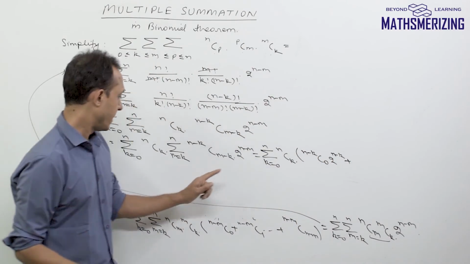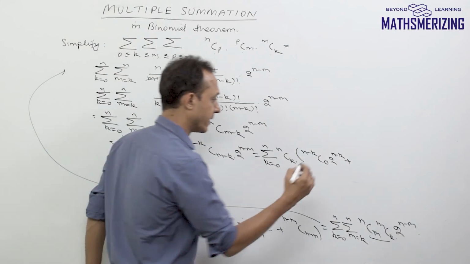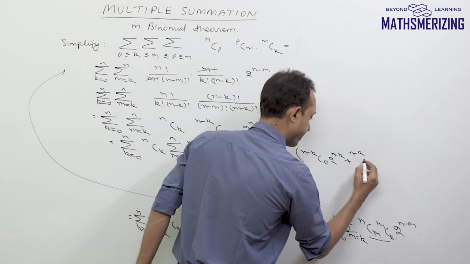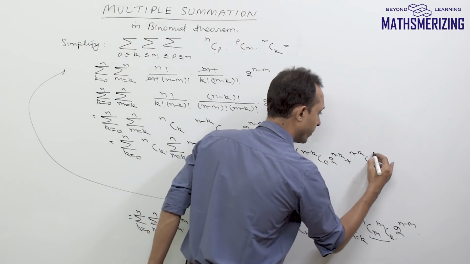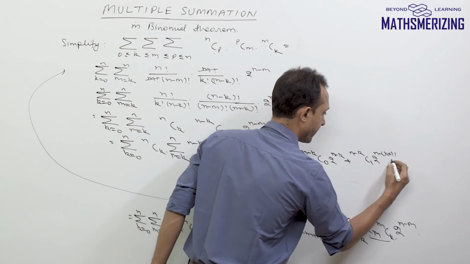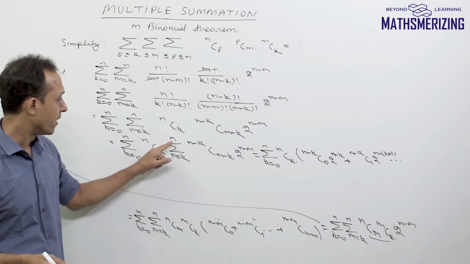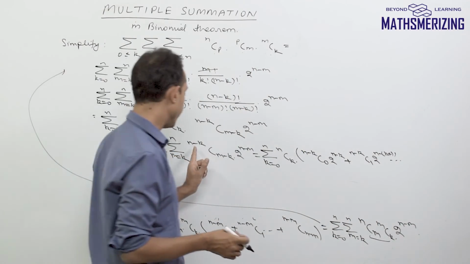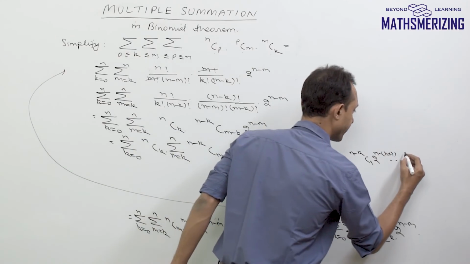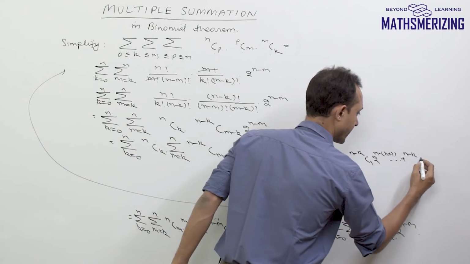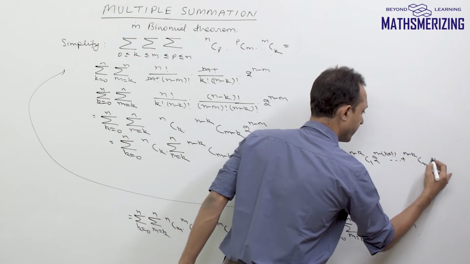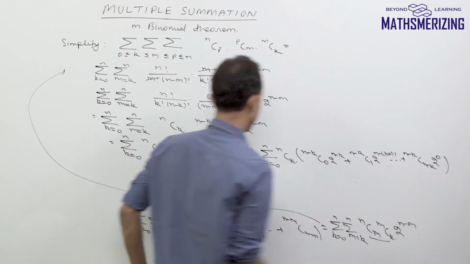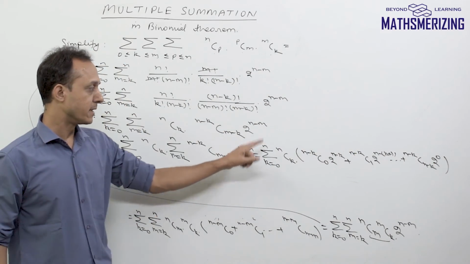Now if I put m as k plus 1, I'll get it as n minus k c 1 and 2 to the power of n minus k minus 1, and this series will continue. Final value of m will be n. So finally we'll get n minus k c n minus k into 2 to the power of 0. So there'll be 2 to the power of n minus n, that is 0.